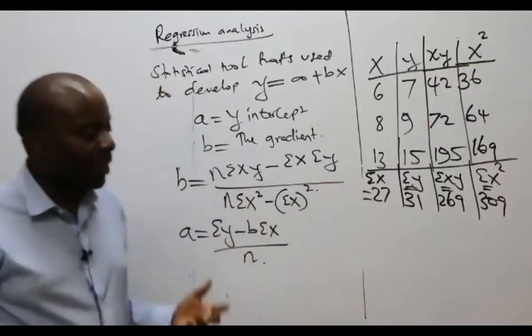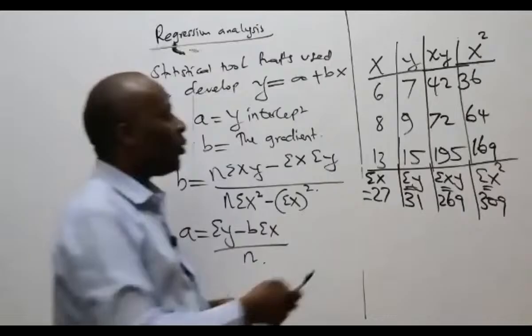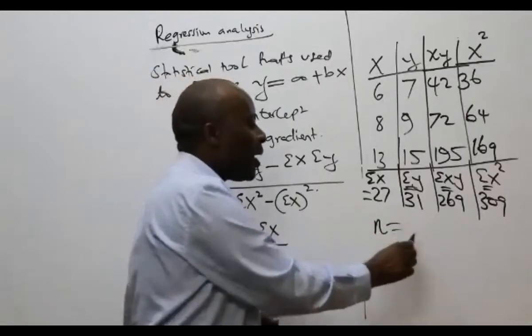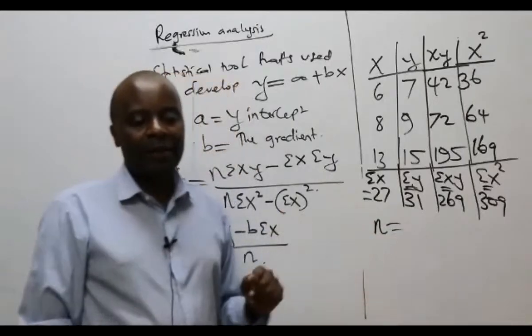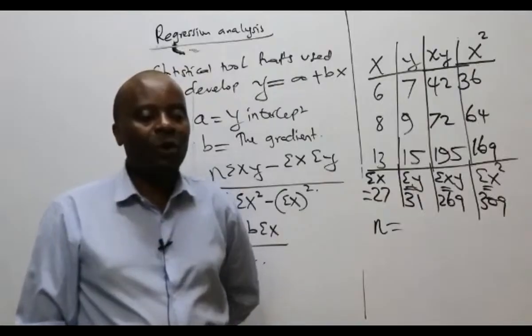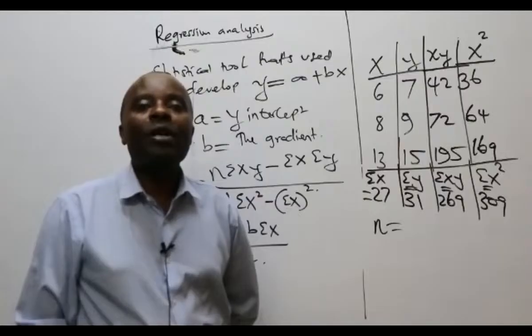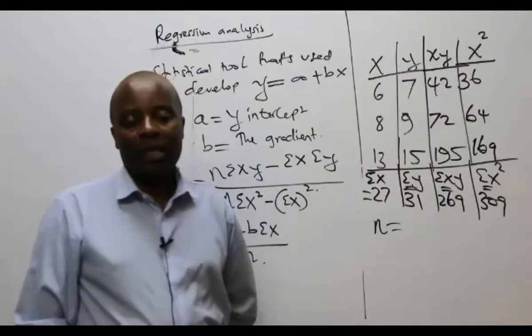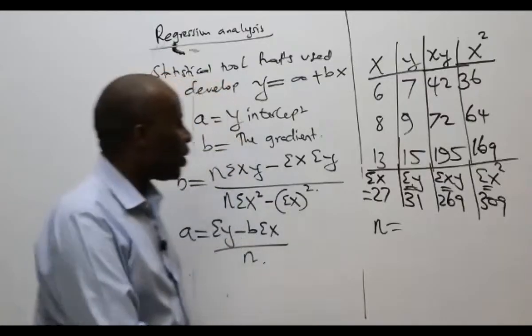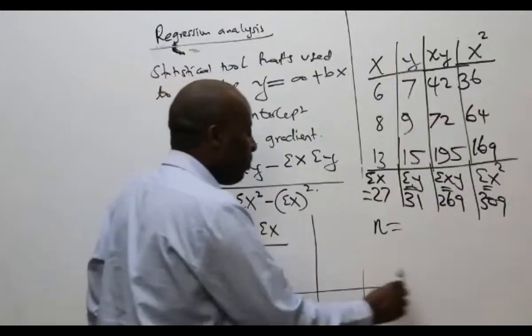We plug them in. So the very first thing that I would want some good student here to tell me is the value of n. First of all, n stands for number of points. Remember on a Cartesian plane, this is how our points look.